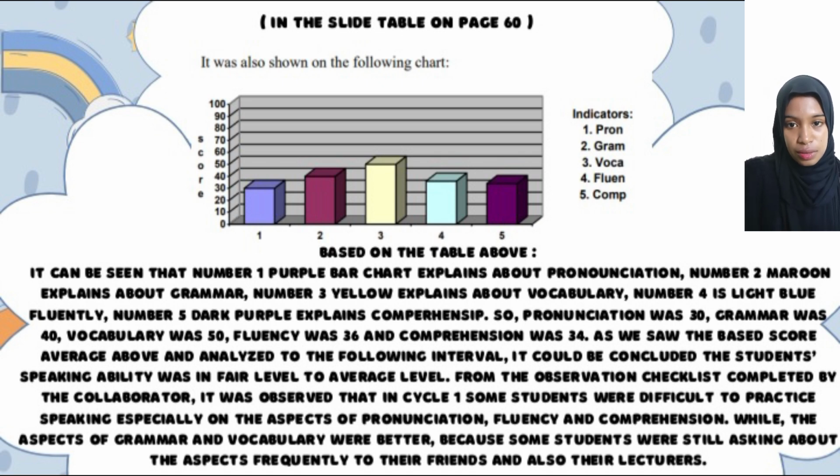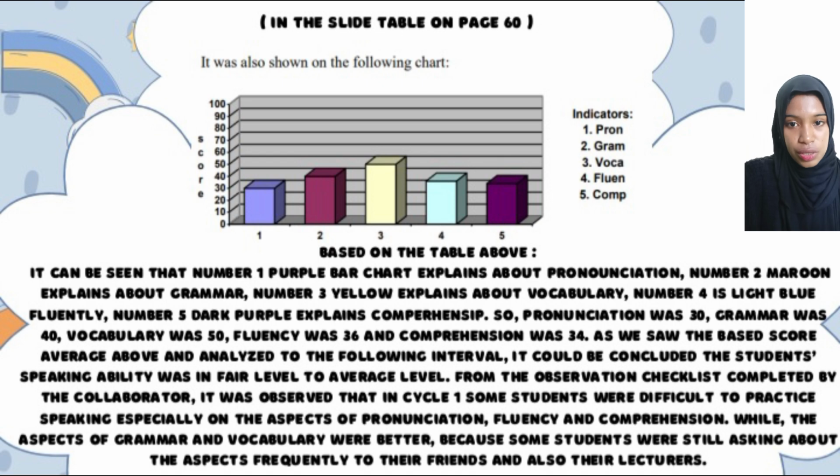As we saw, from the best score average and an analysis of the following interval, it could be concluded that the students' speaking ability was at the fair to average level.